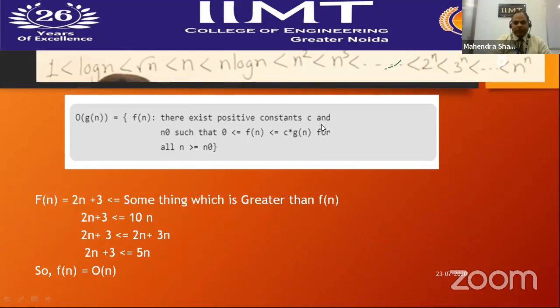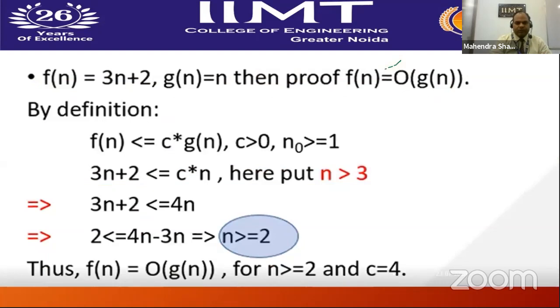Similarly, here is another example for the same problem. Suppose you are given the function 3n plus 2 and g of n, then prove f of n is equal to order of g of n.